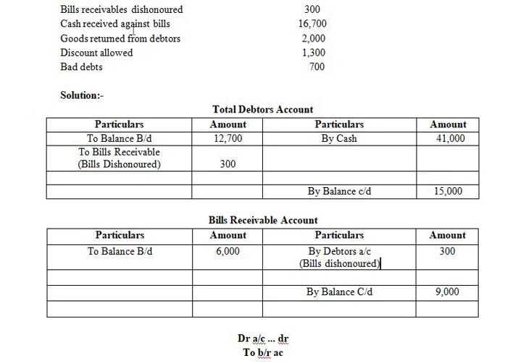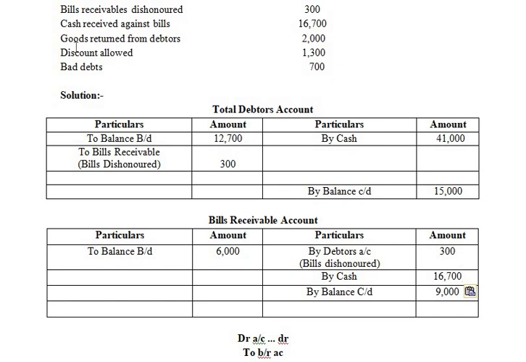This is regarding cash received against bills, so it comes to the bills receivable account by cash. And what is the amount? 16,700. So write down the amount as 16,700.